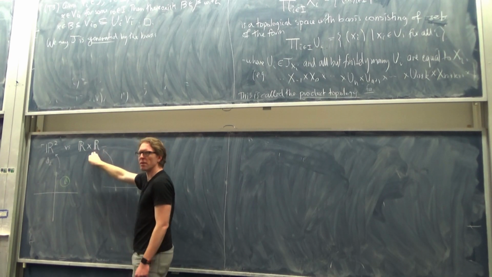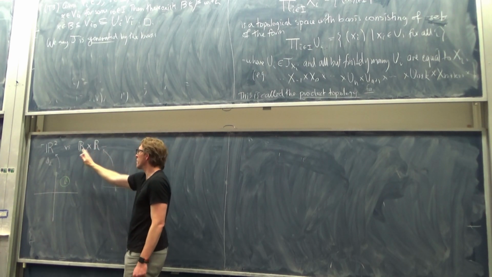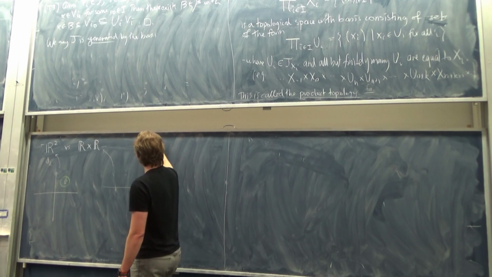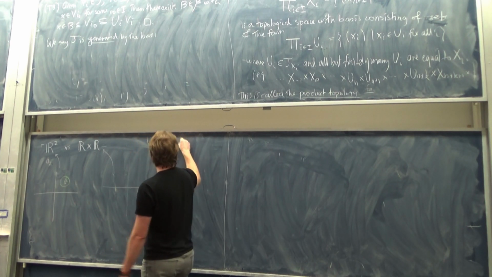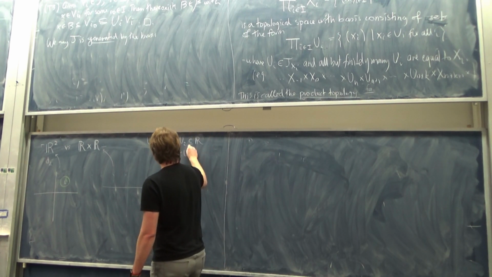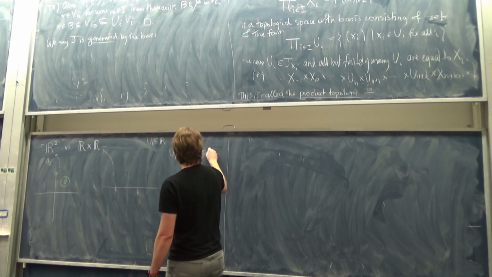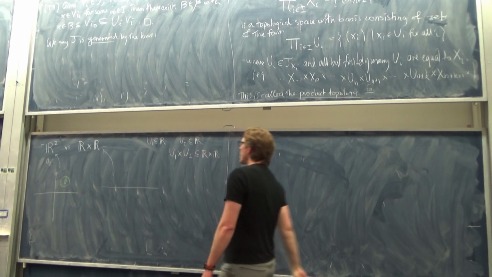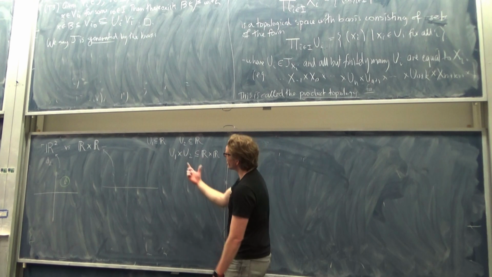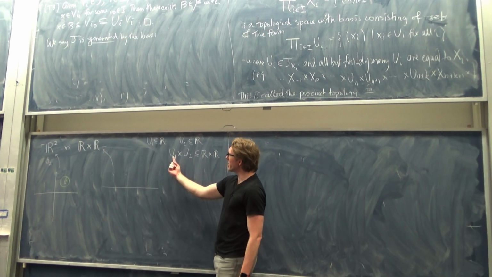The business with finitely many is irrelevant because there's only finitely many things in the index set. So just take a U1 in the first copy of R, so to speak, and a U2 in the second copy of R, and then take U1 cross U2 as a subset of R cross R, and that will be something in my basis.